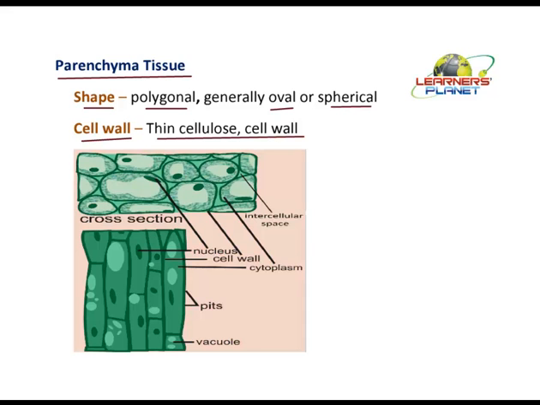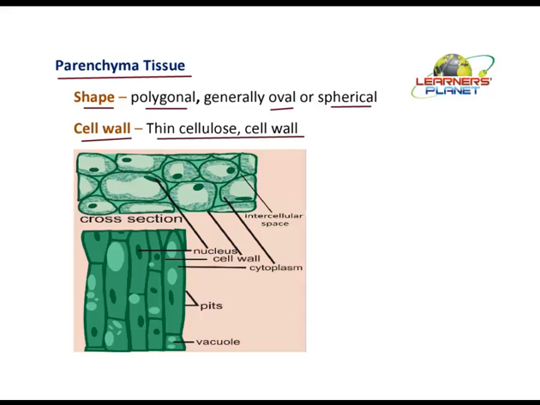Now here, as we say that they have thin cellulose, if we compare it with the meristematic tissue, there also we said that meristematic tissues have a thin cellulose cell wall. So if both have thin cellulose, then what is the difference?